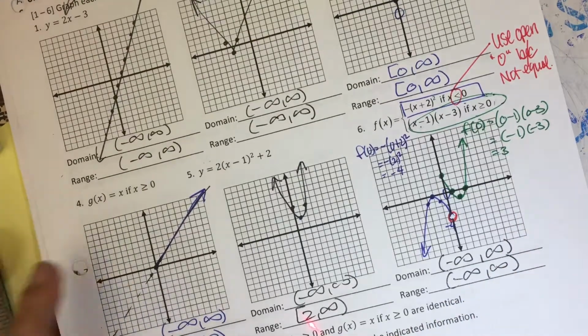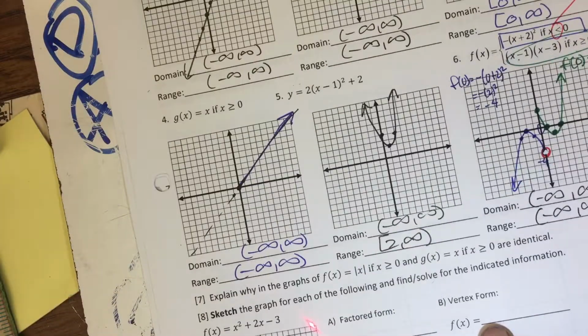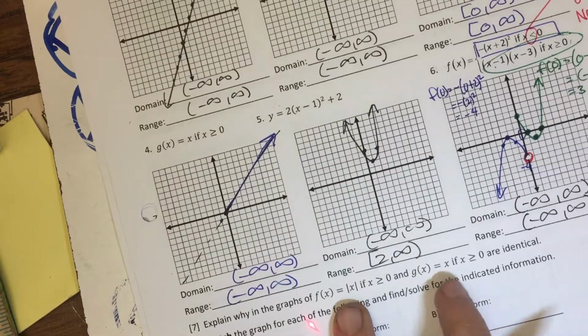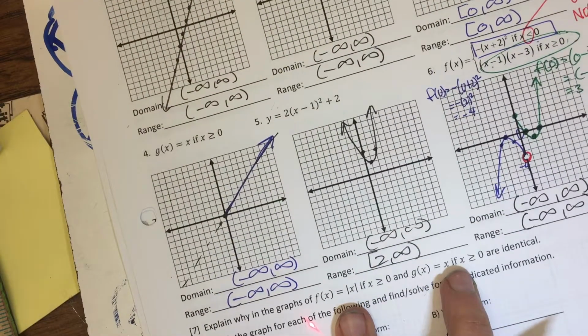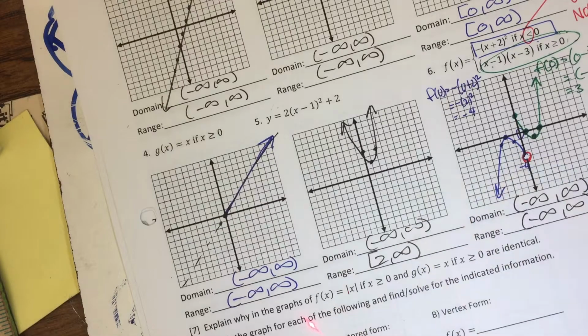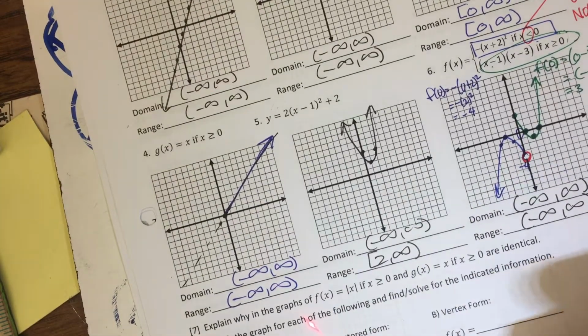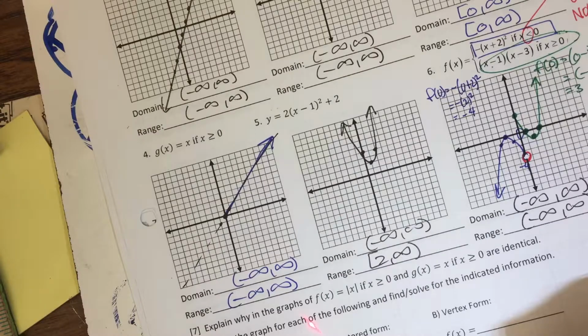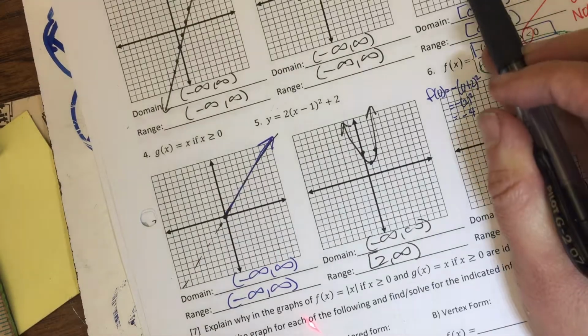Okay. And number 7, it says explain why the graphs of these two are identical. And that has to do with each one of them involves a linear component, which means slope is used. And so since they have the same HK and slope can be used, they would give identical graphs when you start at that symmetry point on your absolute value.